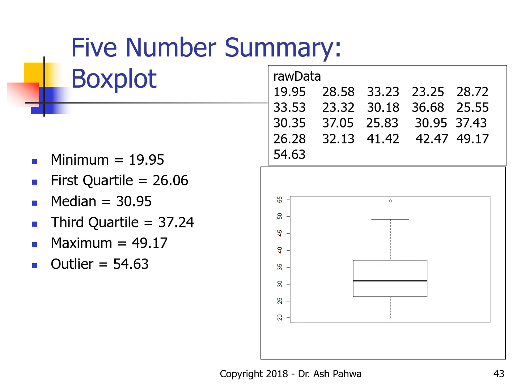In this particular case, 54.63 is treated as an outlier, so it has been plotted as a dot, and the maximum value of this diagram is somewhere around 49, and the minimum is 19.95. So the box plot is sometimes an easier way to see what our data ranges are and how the data is distributed. The box plot is a very common way to display and view data.